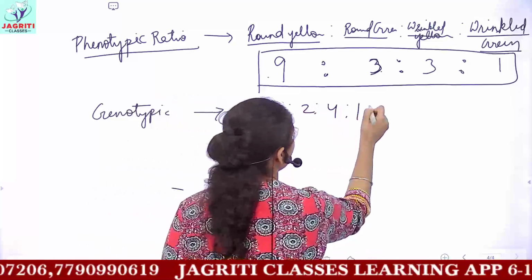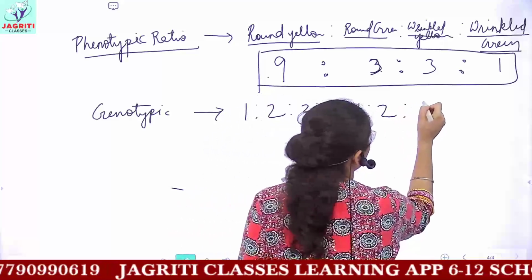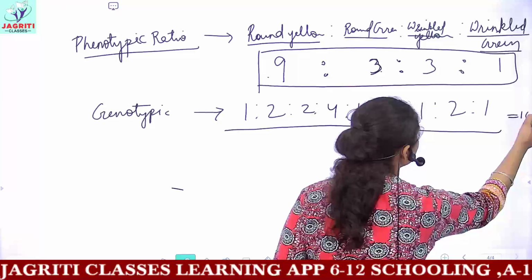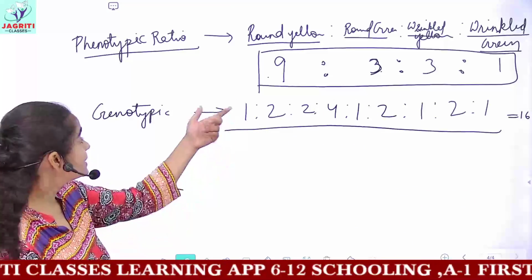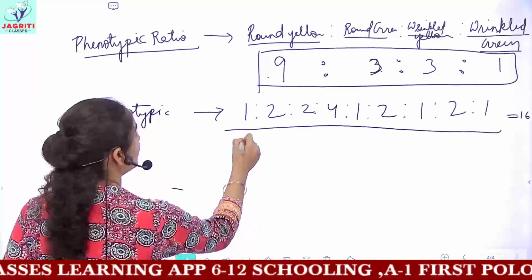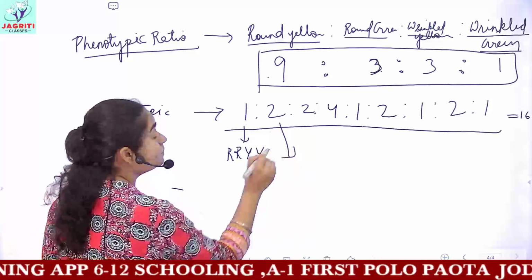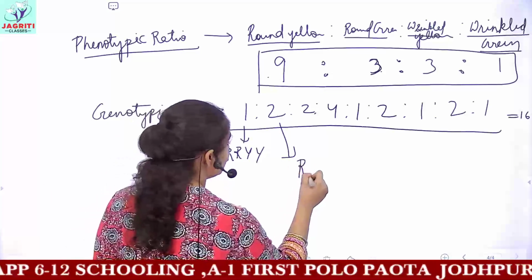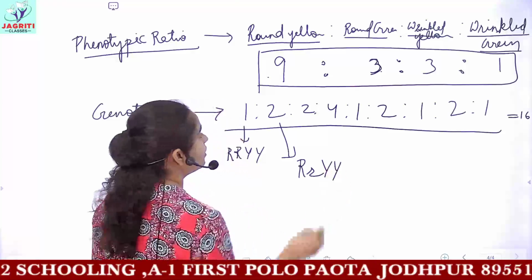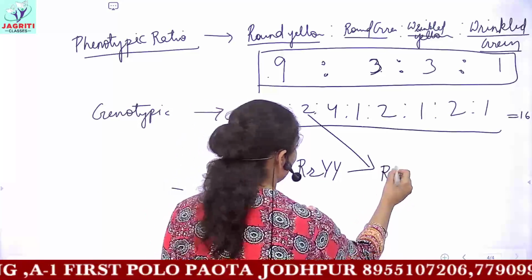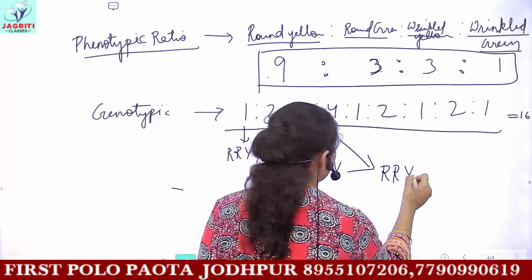And talking about the genotypic ratio, it would be 1:2:2:4, then 1:2:1:2:1, and the total of this ratio gives you 16. So this is the genotypic ratio. Here 1 is for capital R, capital R, capital Y, capital Y. This 2 represents capital R, small r, capital Y, capital Y. This 2 stands for the genotype capital R, capital R, capital Y, small y.